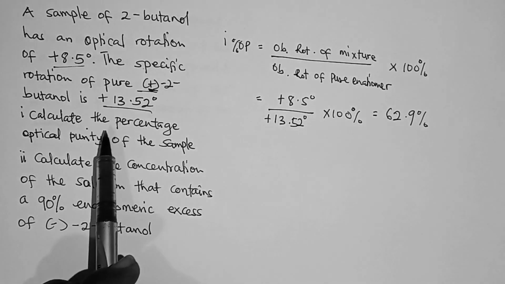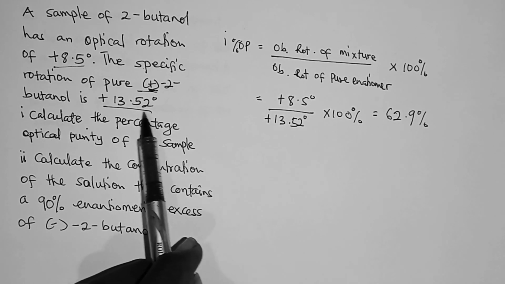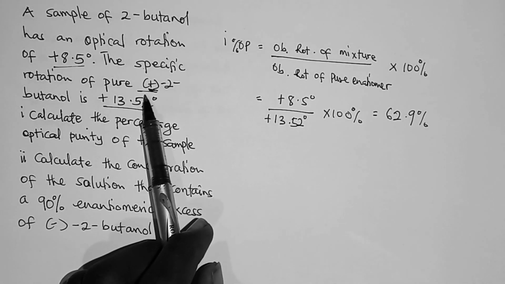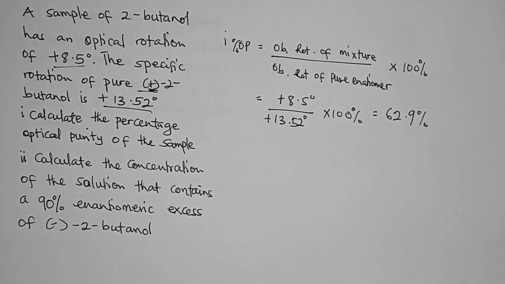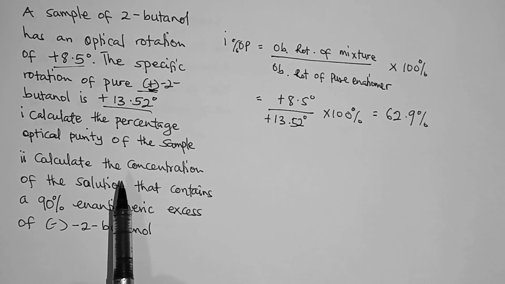This means that in the first part, the enantiomer in excess is the plus, and the one that is in the racemic mixture is the minus enantiomer.